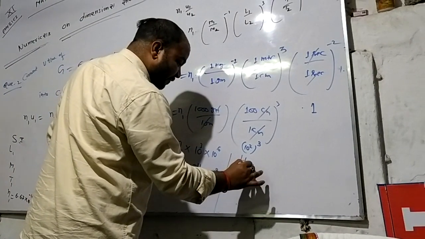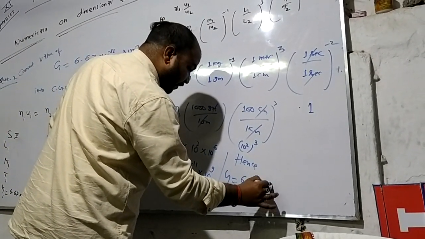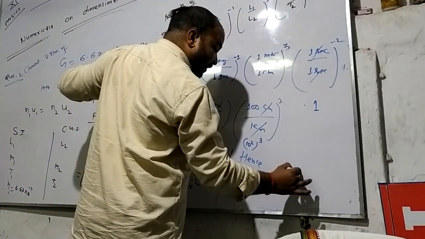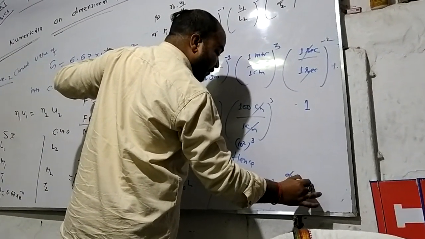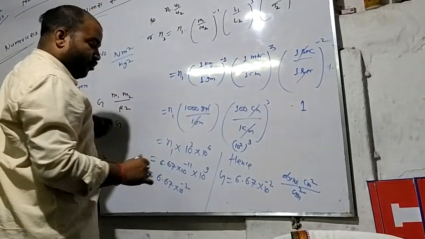Hence G equals 6.67 into 10 power minus 2, this one, Newton meter square, so we can say dyne centimeter square upon gram square. Look at the board carefully.